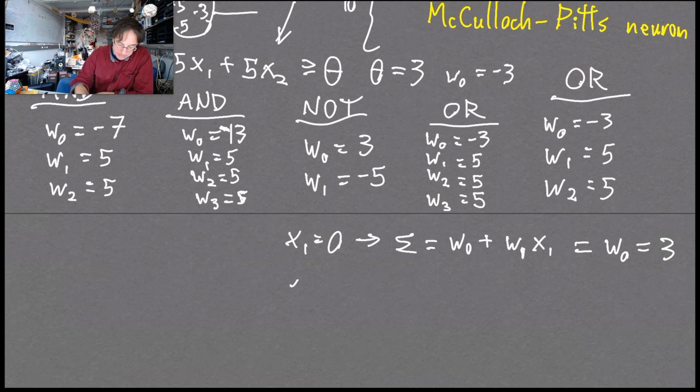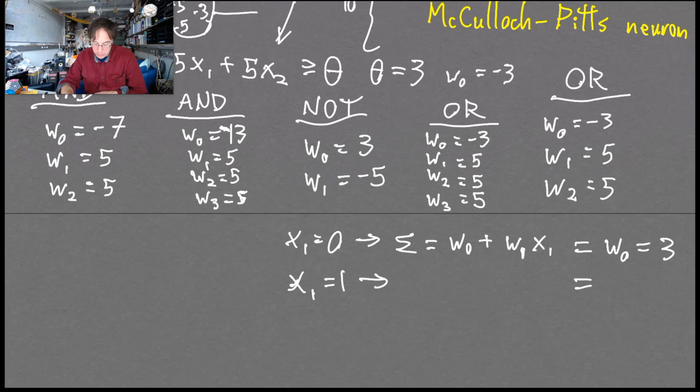And if we look at the opposite case, we'll see exactly the same thing in the other direction. The sum is exactly the same, but now when we plug in x1, we get w0 plus w1, which is -2. So now we're below 0, so the neuron turns off. So this works. When there's no input, the unit will be active.